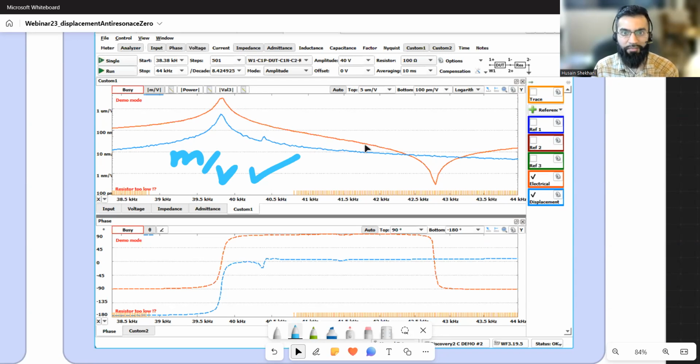Take a look: we have almost 1 micron per volt at resonance, let's say about 0.7. And at anti-resonance, it's something like 7 nanometers per volt.